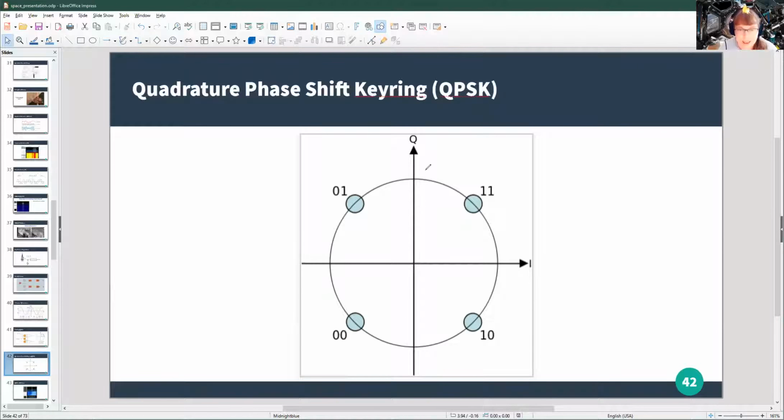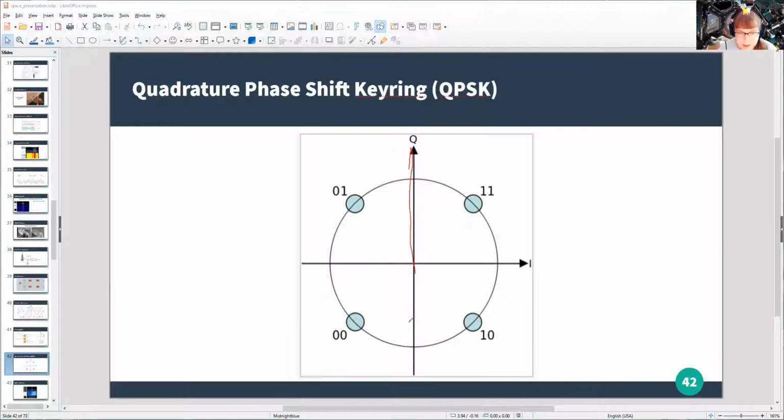And the way it works is that you have Q going up and down here, right? This is Q on the y-axis. And then you have I on the x-axis. And then you use something called a phase lock loop to read the data during the same phase every rotation.